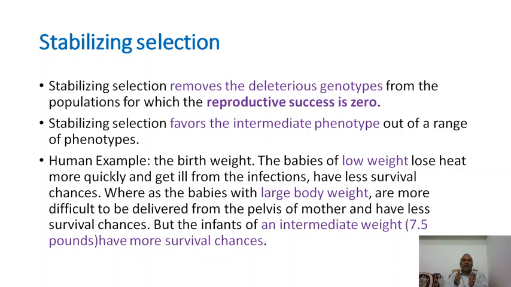Having more weight than 7.5 is a disadvantage, because the baby cannot come out during normal delivery. So this is called stabilizing selection, where the intermediate value is selected because individuals with intermediate weight have more survival chances. Survival chance is a very important thing here, so fit value decides survival chance.